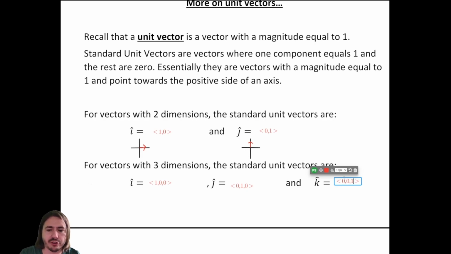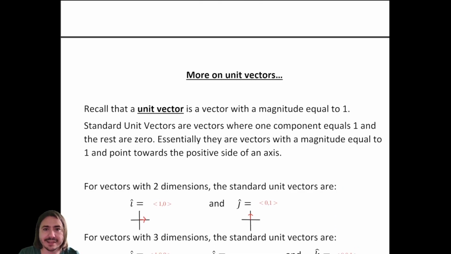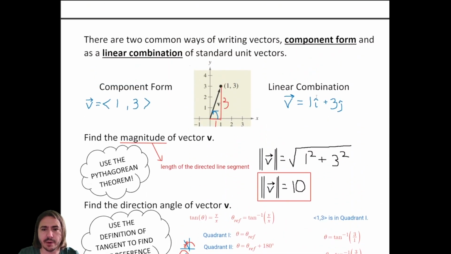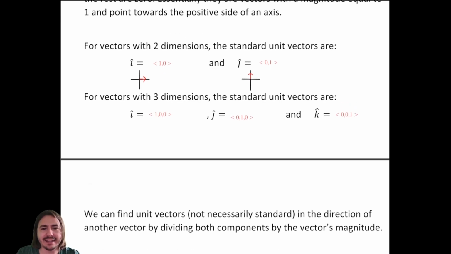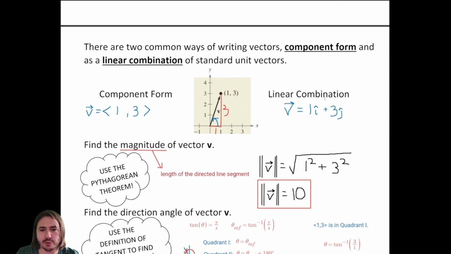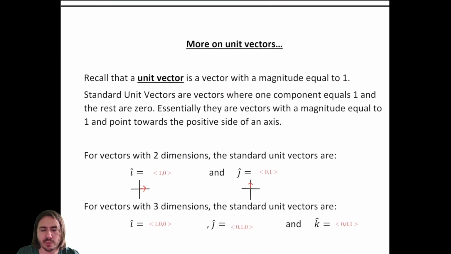Really, these are just used to write vectors as a linear combination, like I did up here. Outside of that, there are not going to be a whole lot of questions about i, j, and k, but I might write a vector in this form, so you want to know what it really is.